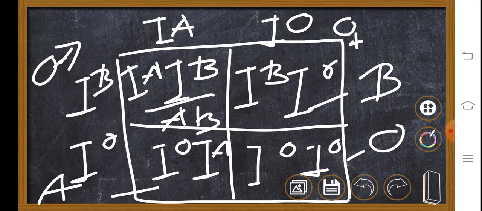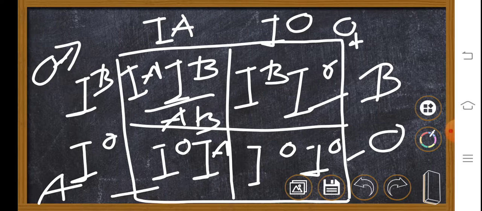So when you have to find out the possible blood groups of children of some particular parents, you always take the allelic forms, and if your question paper mentions that it is homozygous, then it is okay. But if it is not mentioned whether it is homozygous or heterozygous, you always take the heterozygous form.